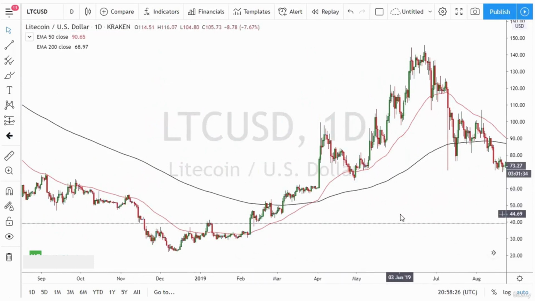A lot of traders will simply only buy or sell depending on which side of the 200-day EMA price is, or in this case, we've had the golden cross, so that tells you that the 50-day EMA is letting you know that shorter term momentum is to the upside. So then you start to look for buying opportunities.